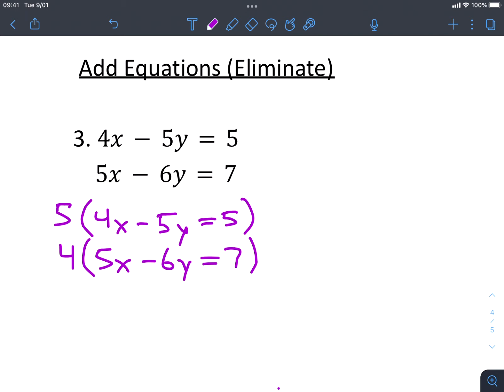And that solves half of our problem, because at least we've got the number to be the same. What I also need to do is make sure that they have opposite signs, however. So I can pick either one and make one of them negative. So I will make my second one negative. And again, it doesn't matter which one you make negative, you're going to get the same result.